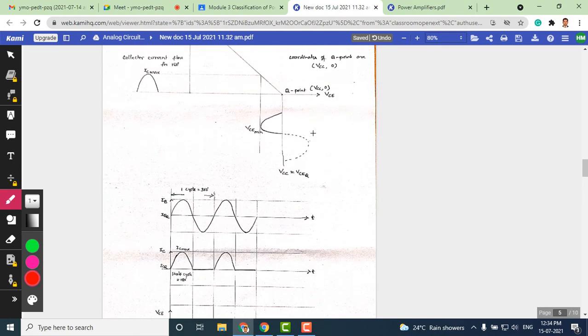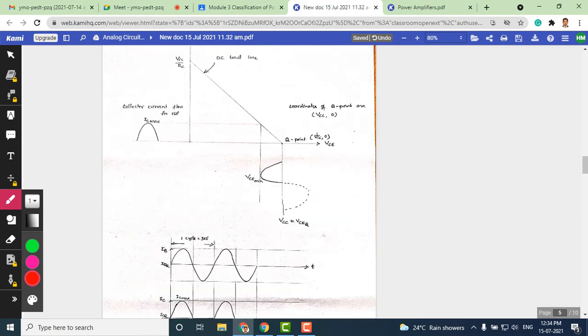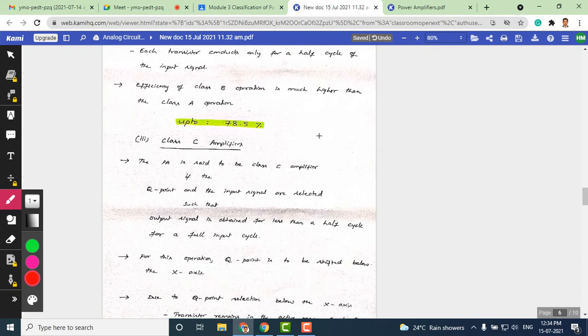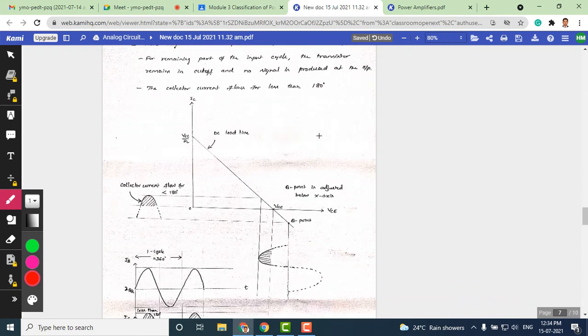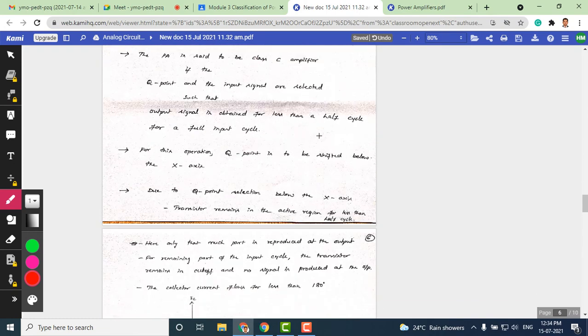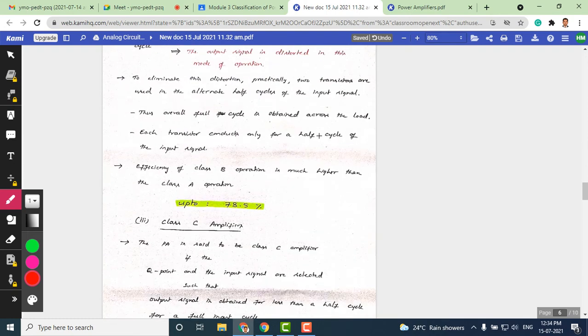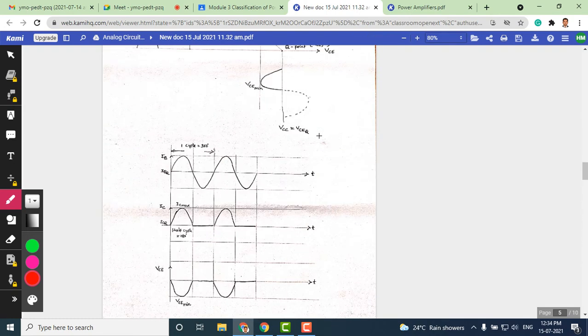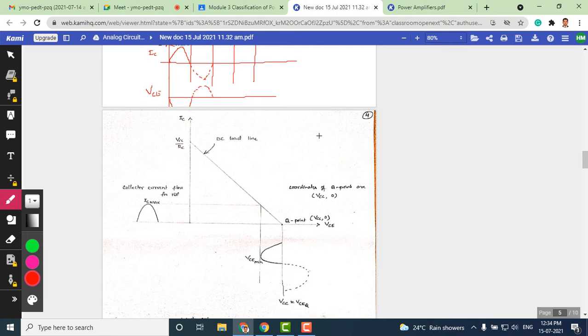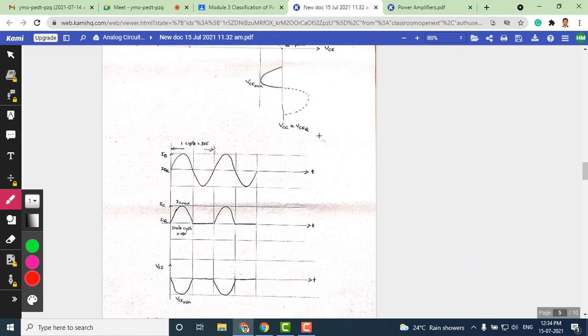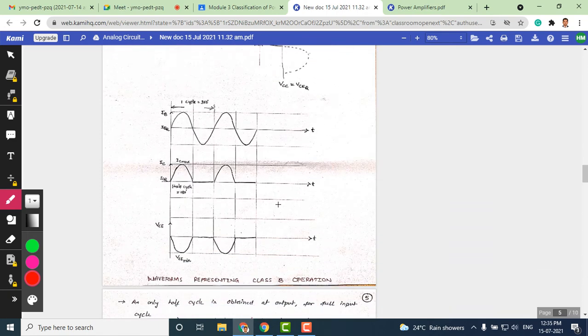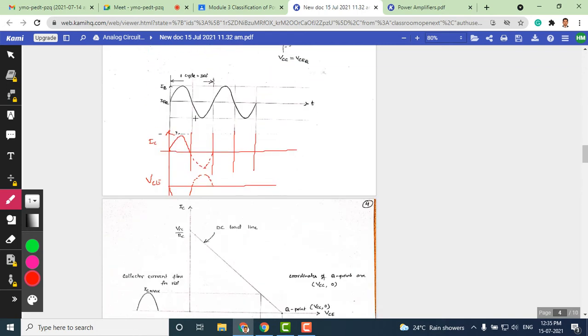I think one part is missed here, that is a class C amplifier. Let me discuss that. I think other details we'll show here. Yeah, this is here. Here you can see that class B operation, though something is missed out here.